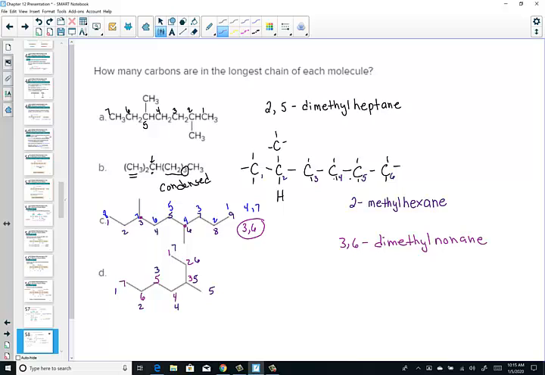If I number from top to bottom, starting up here in purple, the locant becomes a 3. So that's the winner. We want the branch to have the lowest number possible. So at carbon number 3, we have an alkyl group, 1 carbon long, so that's methyl. And the longest carbon chain is 7. So that's 3-methylheptane.